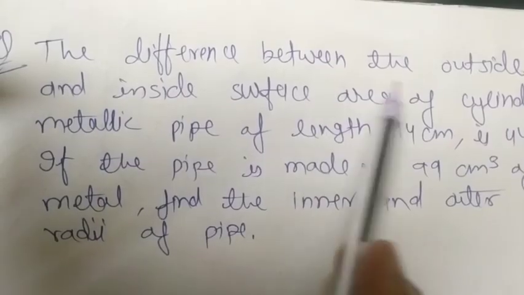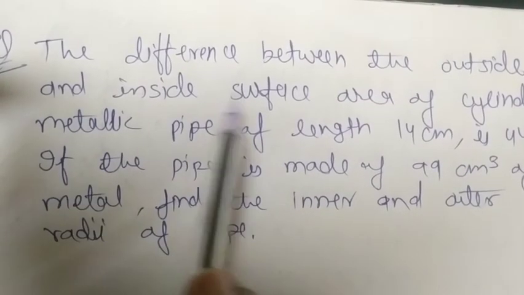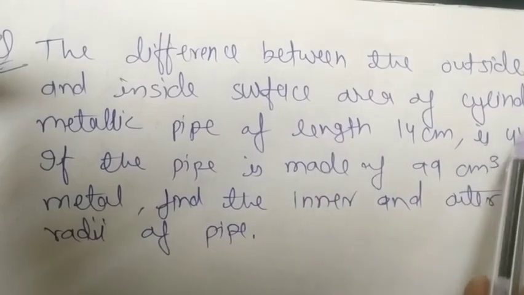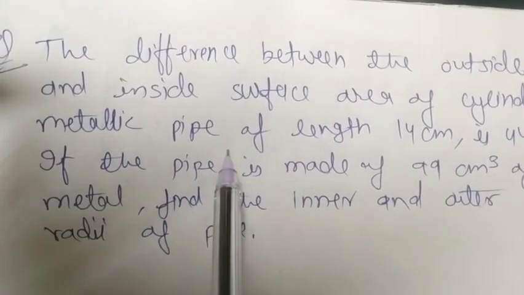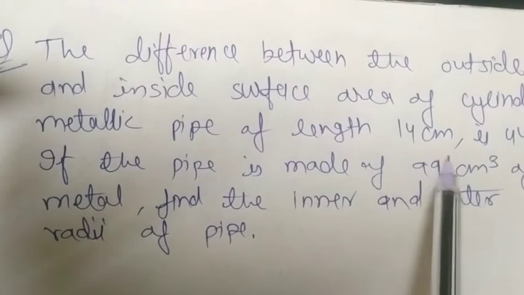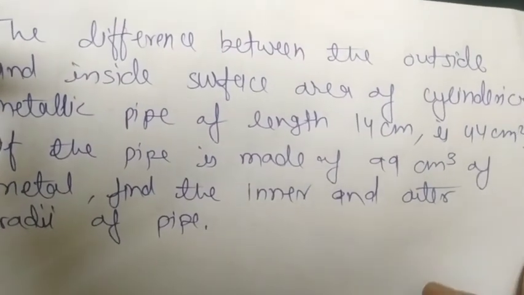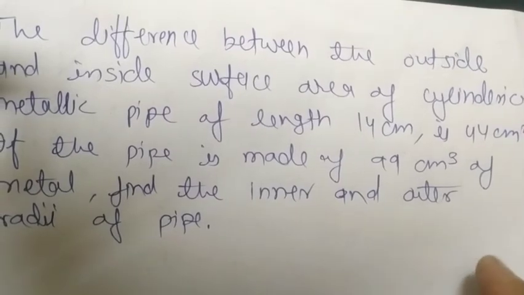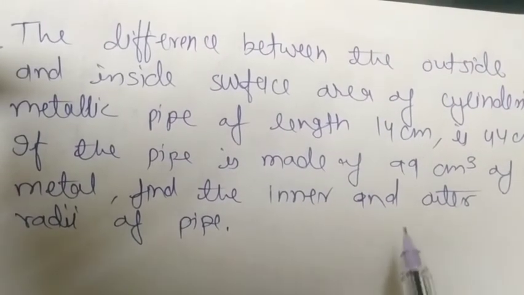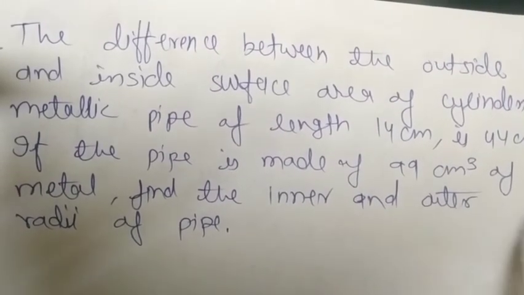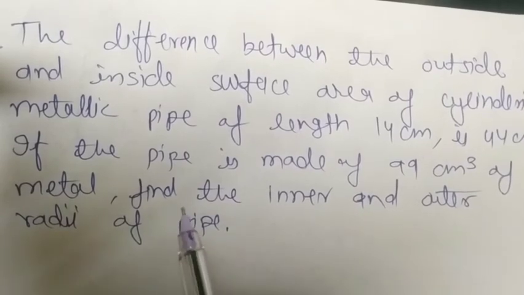The difference between the outside and inside surface area of a cylindrical metallic pipe of length 14 cm is 44 cm square. If the pipe is made of 99 cm cube of the metal, find the inner and outer radii of the pipe.